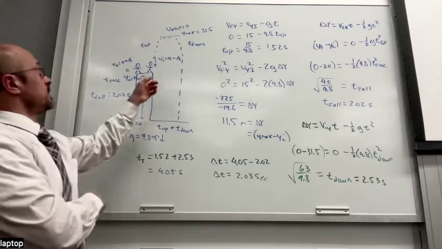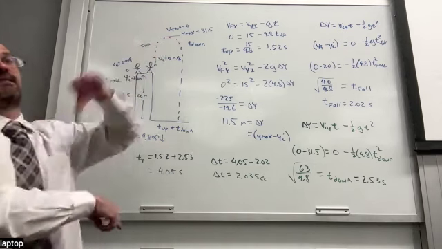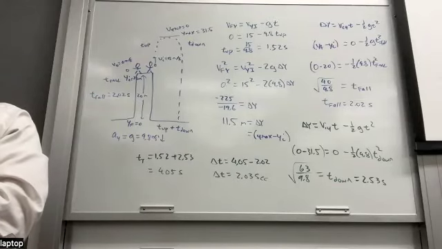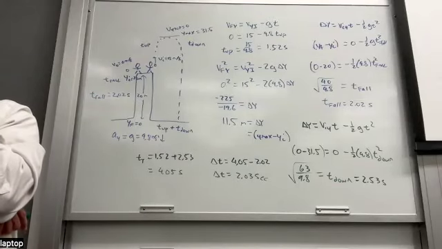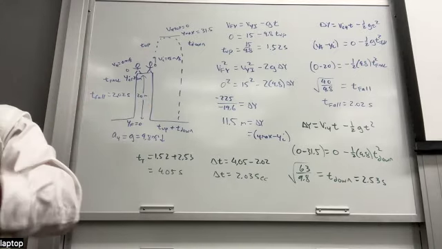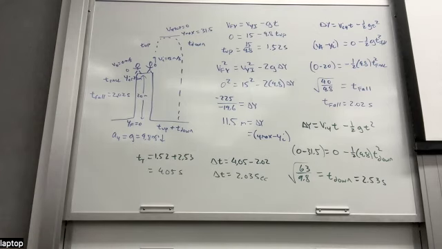Now you can always use symmetry, and once you know T up, you can double it to get T down if it's going back to the same height. But I recommend this system because once you get used to writing it, it's not bad. It's 3 steps to get T total that are pretty quick.